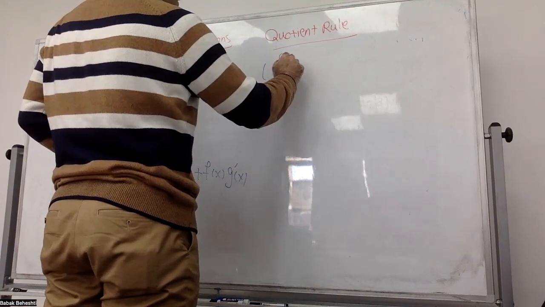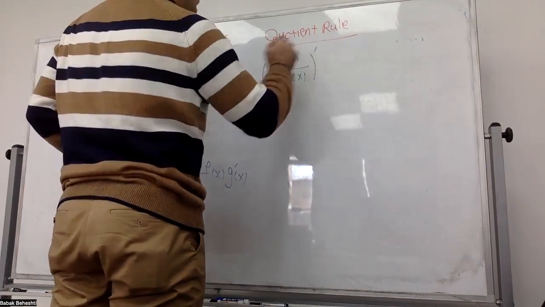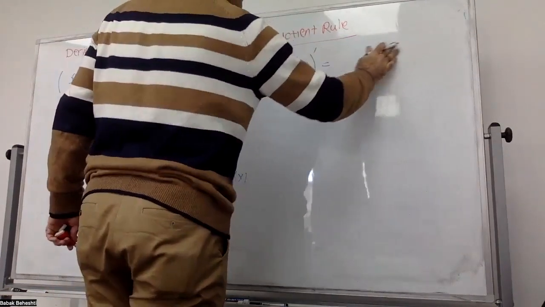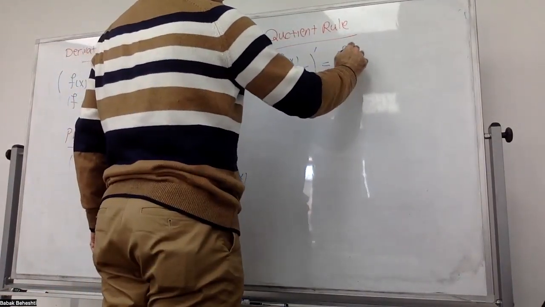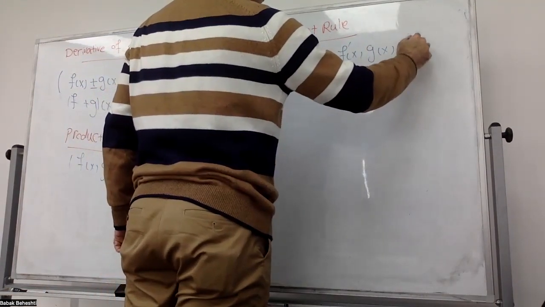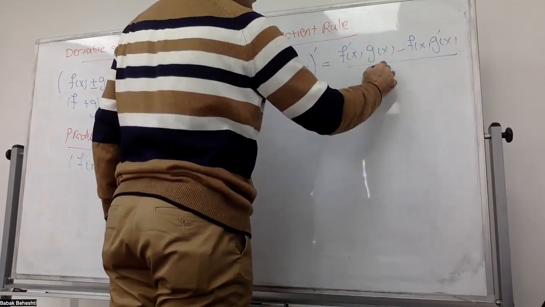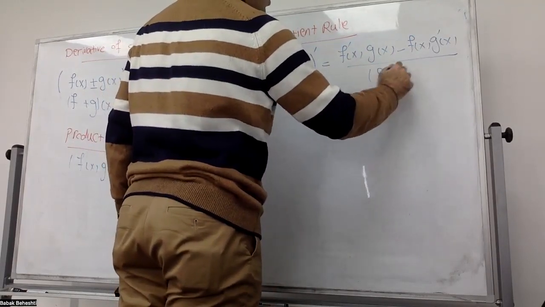So the derivative of f of x divided by g of x is equal to f prime times g minus g prime times f, divided by g squared.